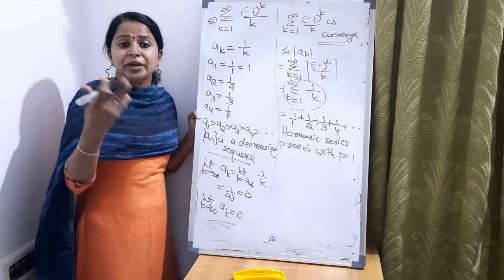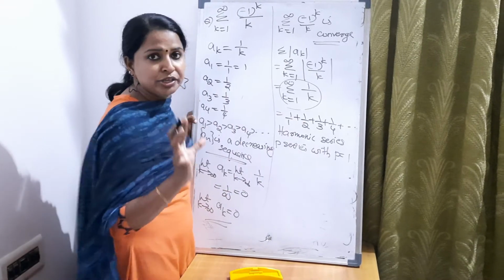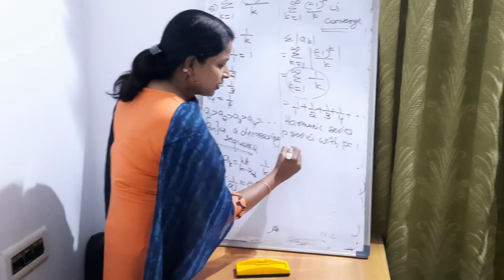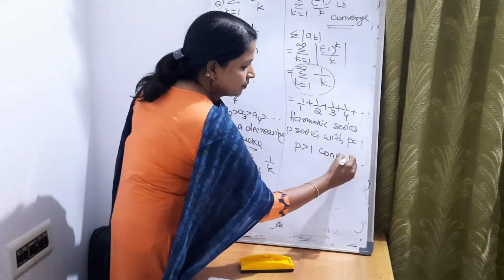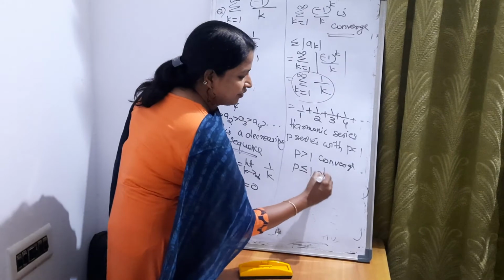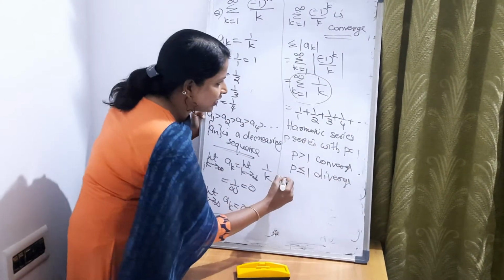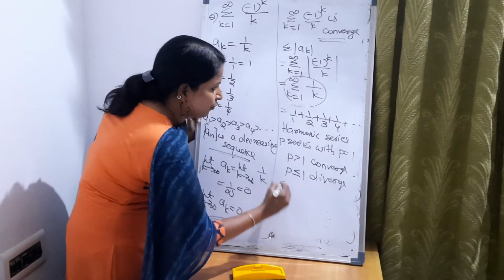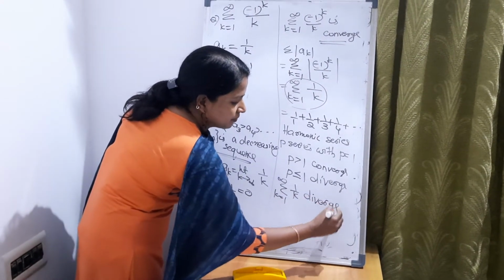A p-series with p equal to 1 is called the harmonic series. Then the test for the p-series: if p is greater than 1, it converges; if p is less than or equal to 1, it diverges. Here p equals 1. So the series sigma k equal to 1 to infinity of 1 by k diverges.